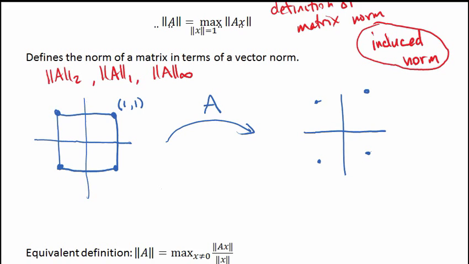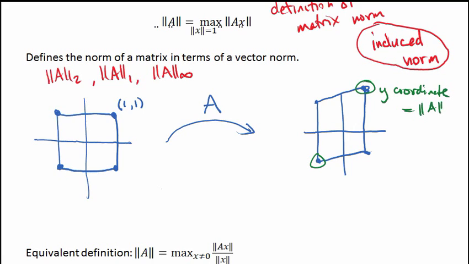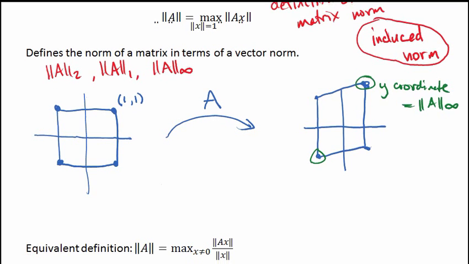And it's not hard to show that straight lines will have to map to straight lines under a linear map. So we'll get a parallelogram. Then the infinity norm of that parallelogram is the part that sticks out the most in some direction. So in this case it would be the y-coordinate of these points in absolute value. Okay, so it's all about the action of A applied to all the different vectors on the unit circle in whatever norm you've picked.